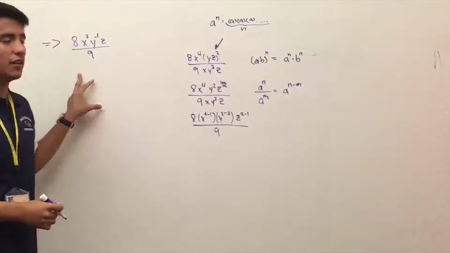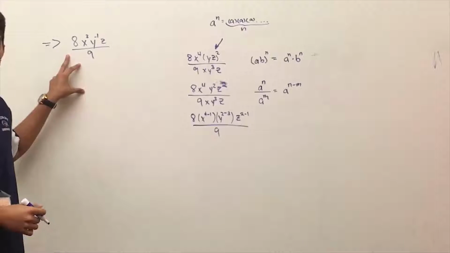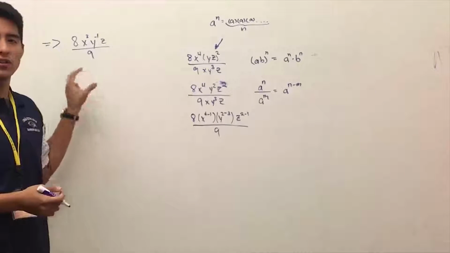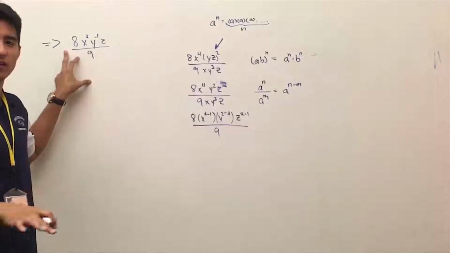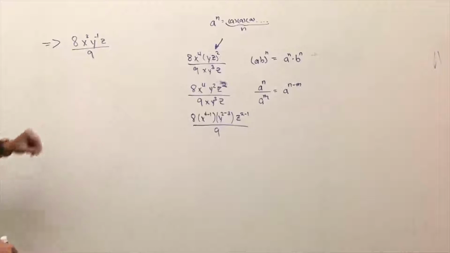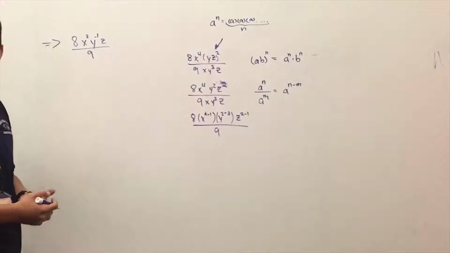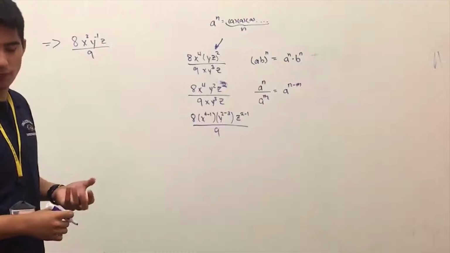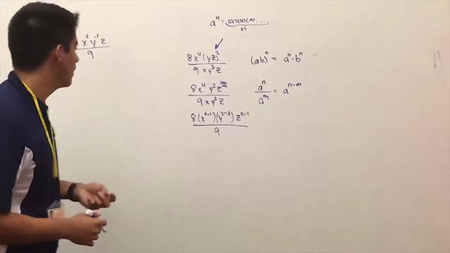Now, we are not yet done, although it looks like we have simplified as much as possible, because a general rule of thumb is we never want to have any negative exponents in our expression. So this is where we will apply the third definition.